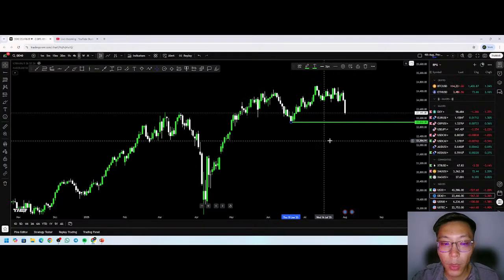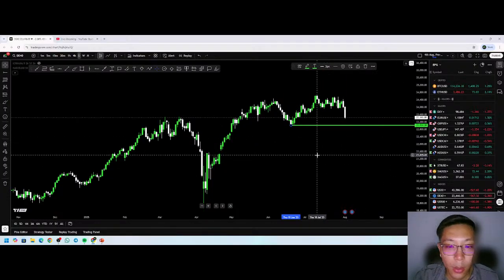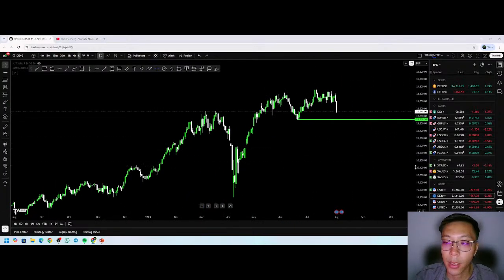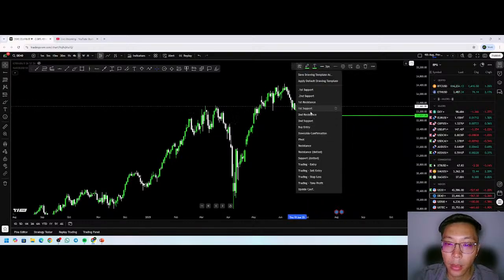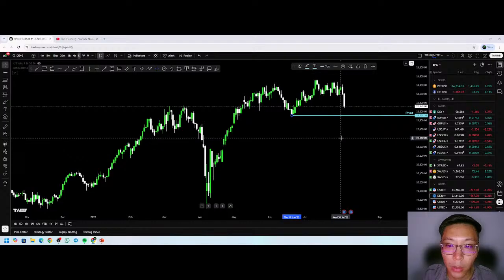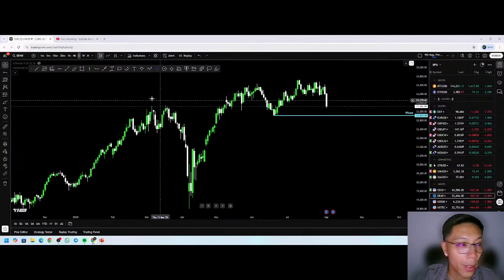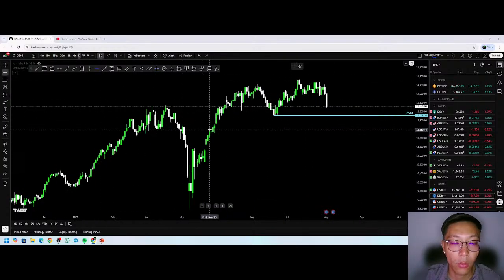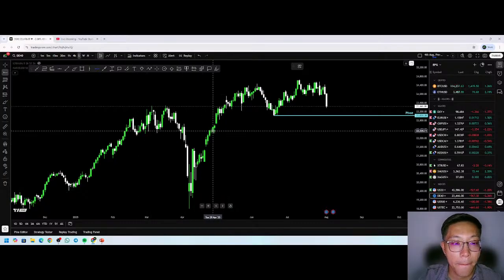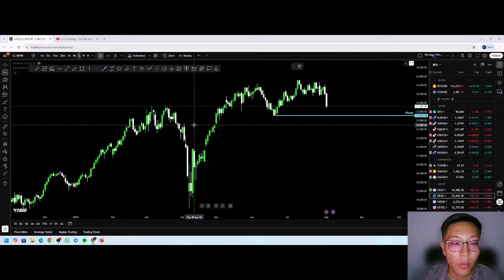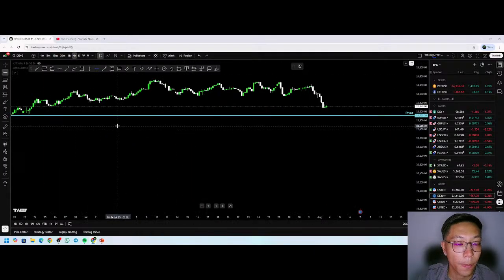But the problem is, where should my second support be? Easy to say that there could be a pivot point here, but where could price potentially fall towards next? Which is this level, H4.